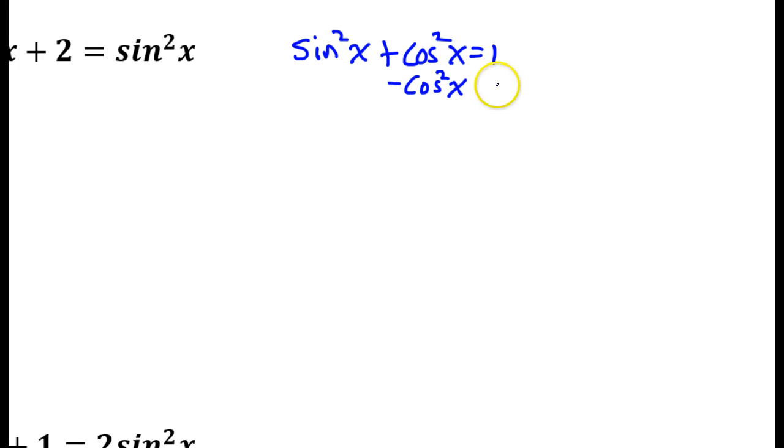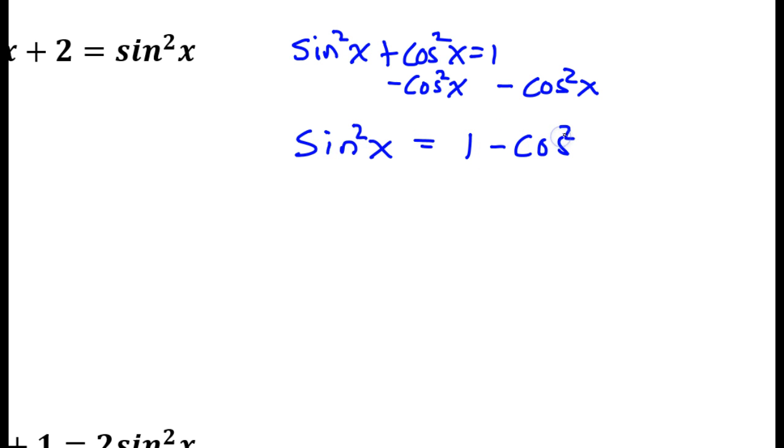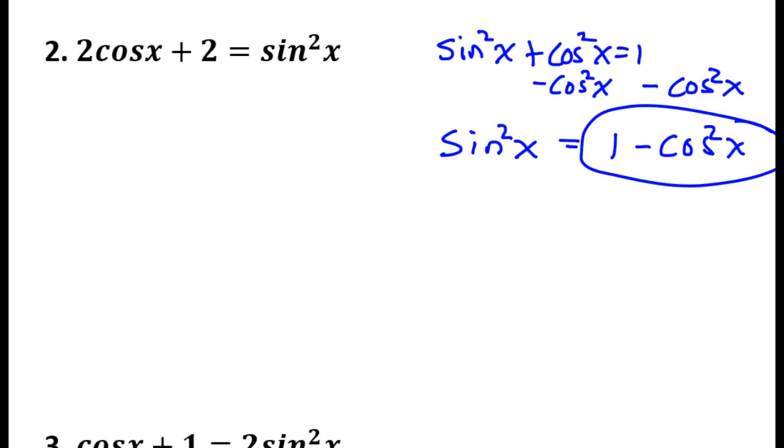Like I said, I could subtract cosine squared x from both sides. So that would mean sine squared x is equal to 1 minus cosine squared x. So let's make that substitution.